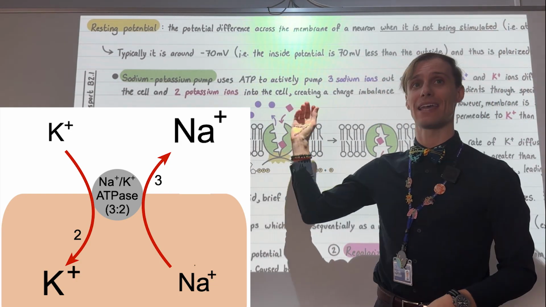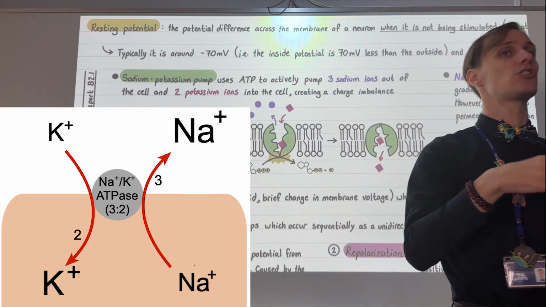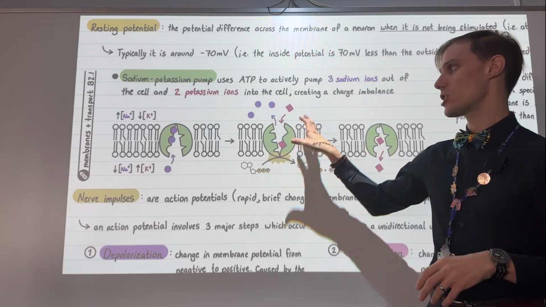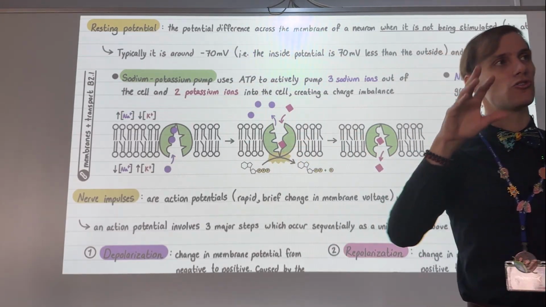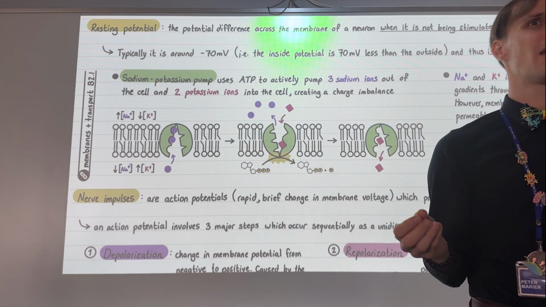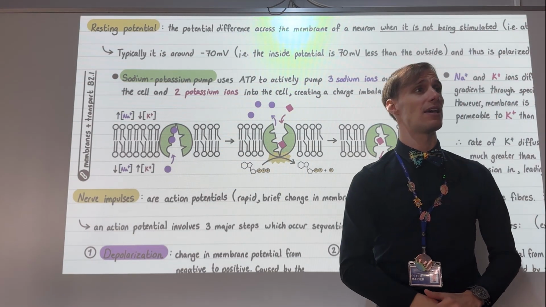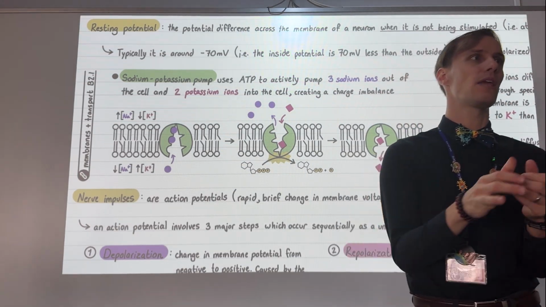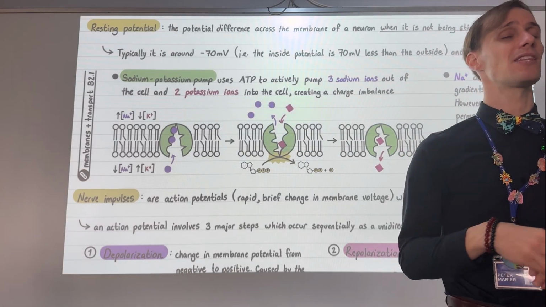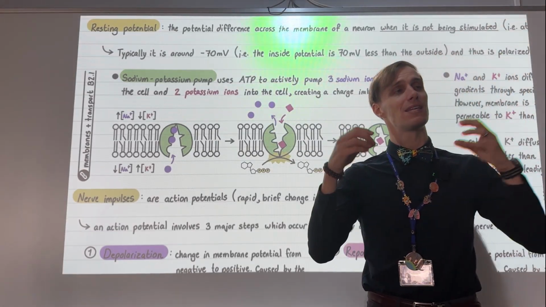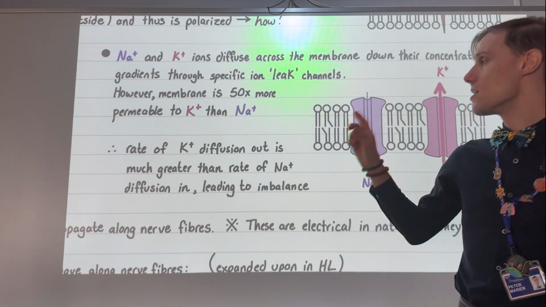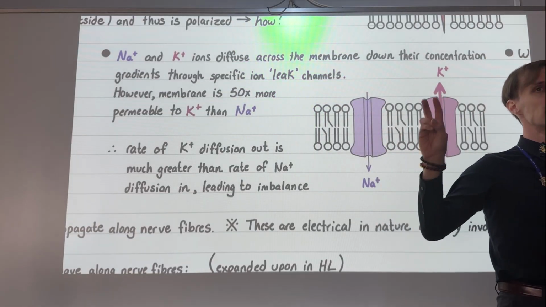Even though I'm moving cation and cation, it's 3-2. So this is contributing slightly to the negative charge. Now, you might be like, is that really enough to get to -70? No. It's going to give you a negative charge, sure, but that's not the only way that neurons maintain this -70 millivolt. Another factor is going to be what are called leak channels.